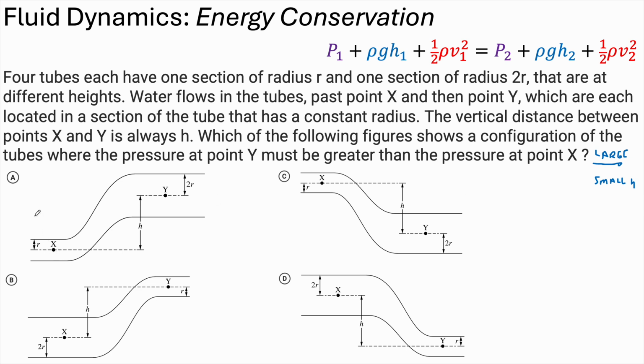So this is reasonable right here, and this is reasonable right here. But in which of these cases are we guaranteed it's going to be a lower pressure? Well, if both these conditions are met, we're almost guaranteed. So which one is that going to be? The answer is C. Not only do we have a greater velocity, but we also have a small depth. We don't have that greater height change down at the bottom.